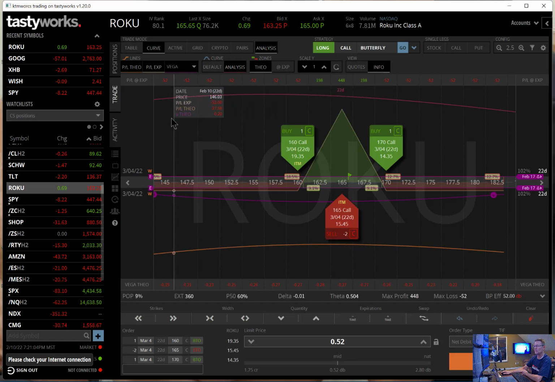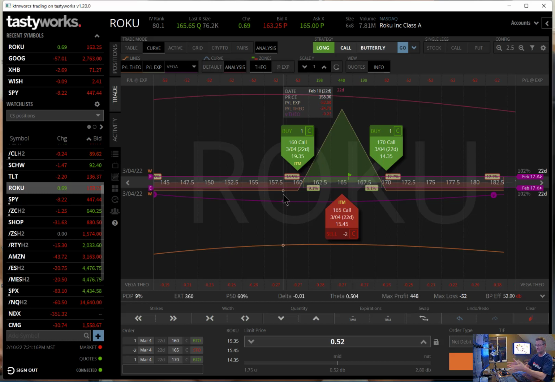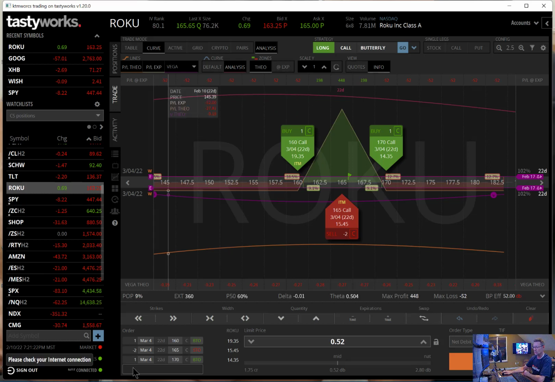Now, the problem and the challenge with this risk graph right here is the same problem or challenge that you're going to find with most of the brokerage account risk graphs out there. Number one, I love the visual representation that you get in Tastyworks, but there's a couple of challenges. Number one, you see down here, you only have the provision for putting 4 legs in on the trade.